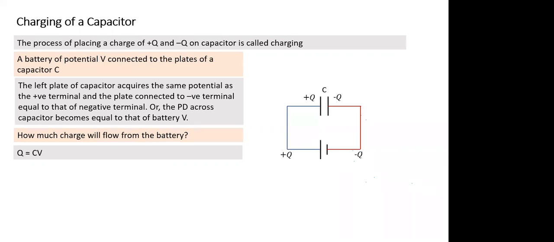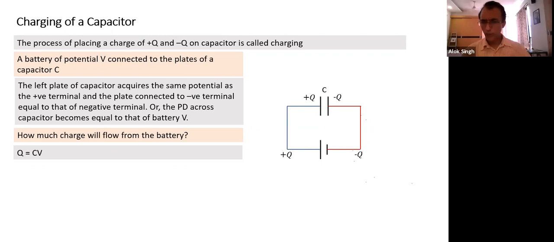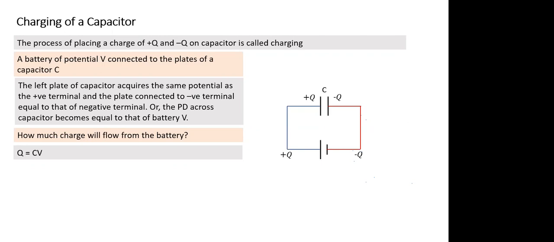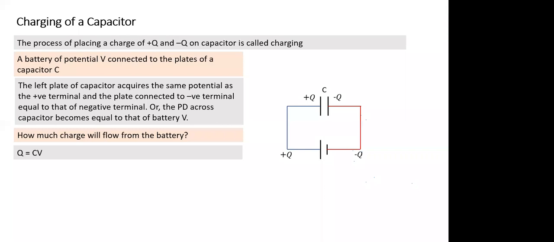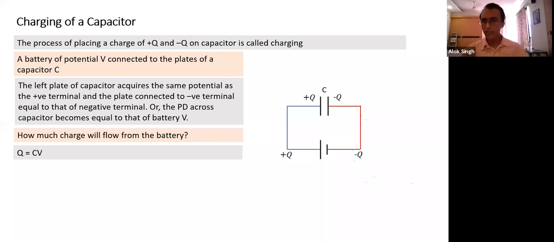Sir, the charge will flow because the potentials have to become equal. Which potential becoming equal? The capacitor's potential should become equal to the potential of the battery. The potential difference across the plates of the capacitor must become equal to the potential difference across the plates of the battery. Or, the potential of the capacitor must become equal to the potential of the battery.